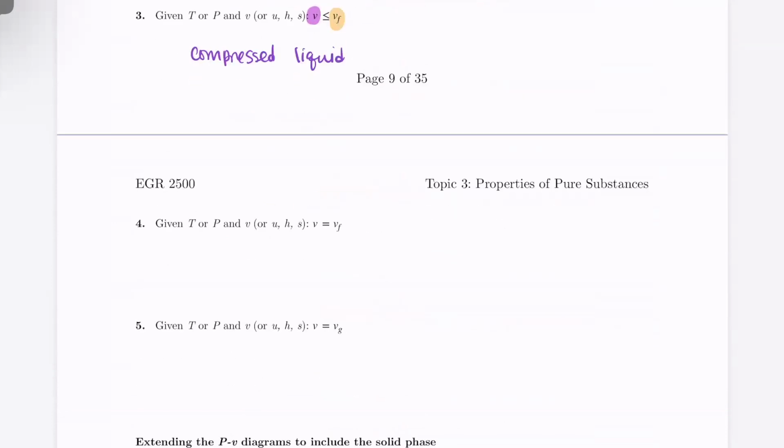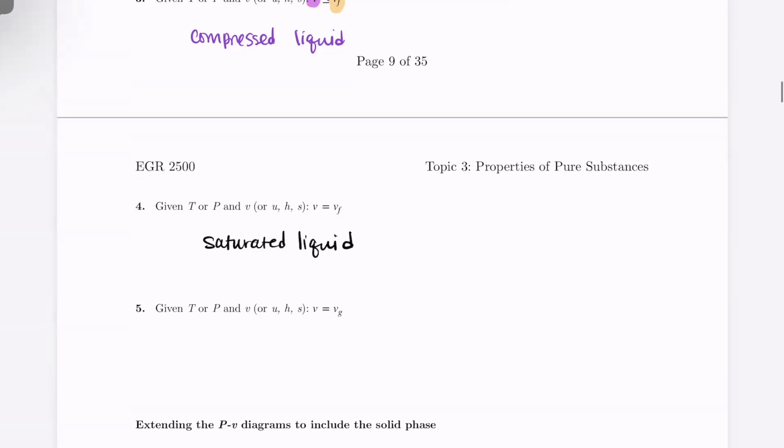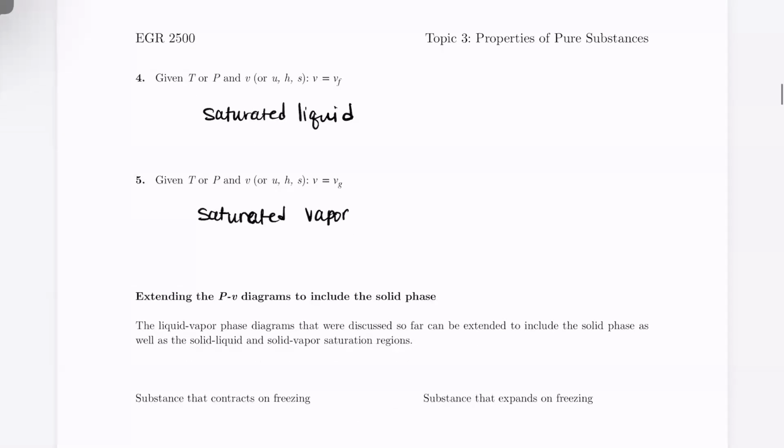What if V is equal to VF? Yeah, saturated liquid. And then what if V is equal to VG? Yeah, saturated vapor. Those are the definitions for what a saturated liquid and a saturated vapor are, right? Okay, fantastic.